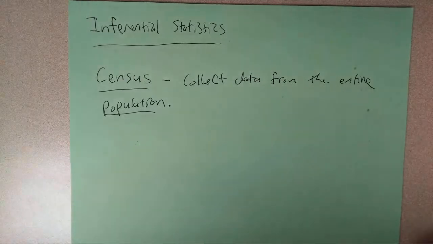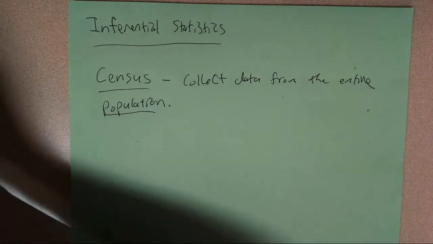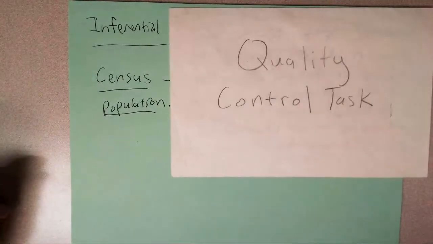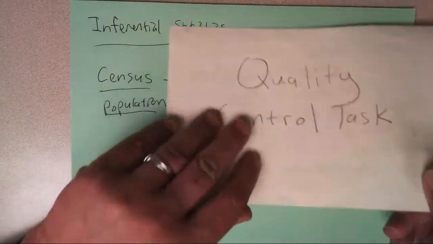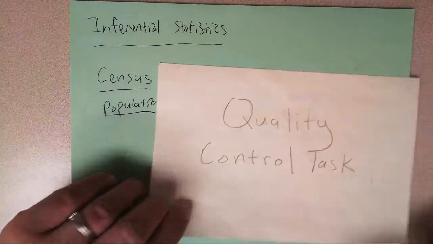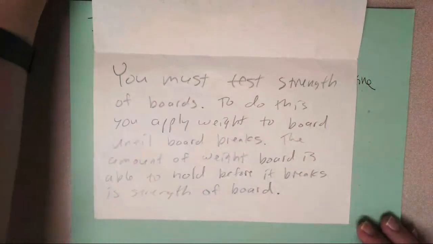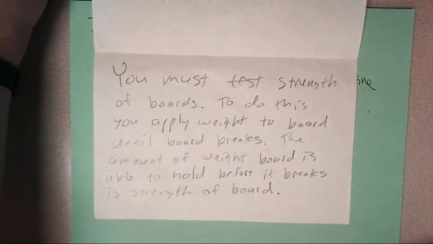Let me give you another example to illustrate this. This is the one I give in class. I hand this out to somebody and have them read this. You work for a lumber company and you're a quality control inspector, and this is your task. You must test the strength of boards.